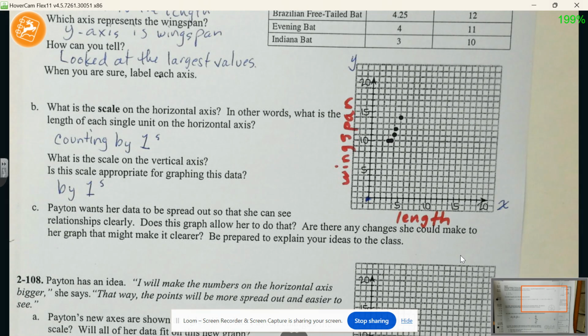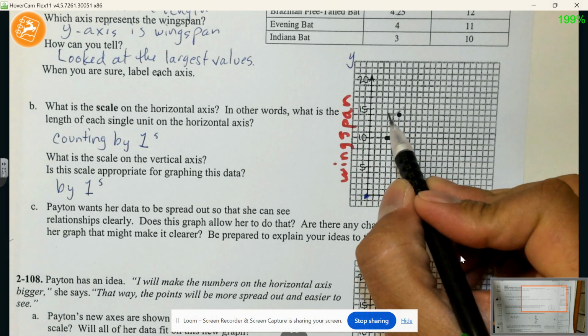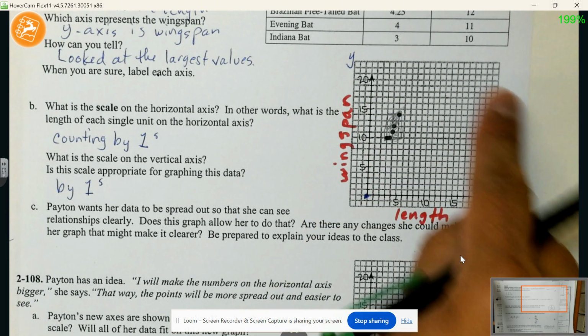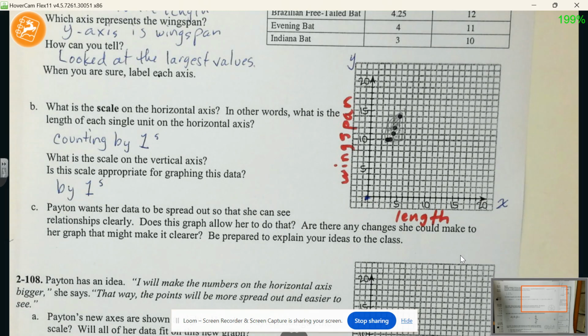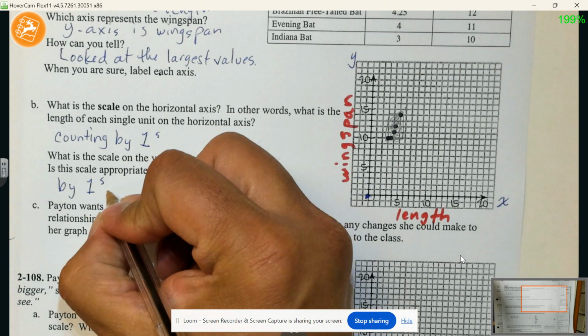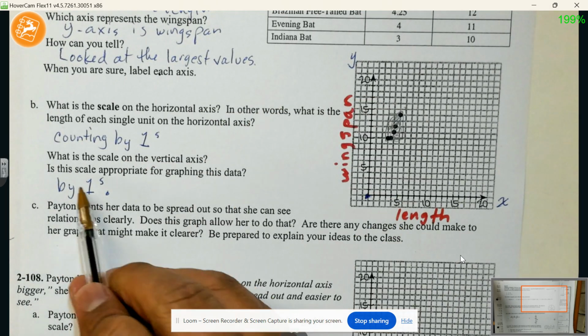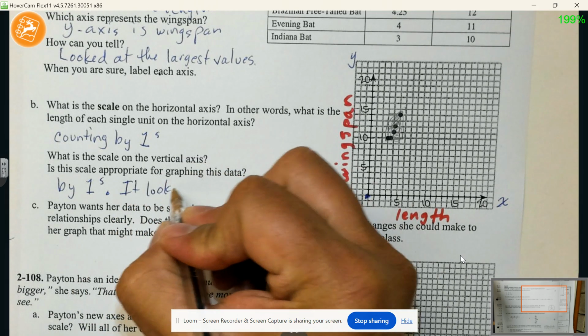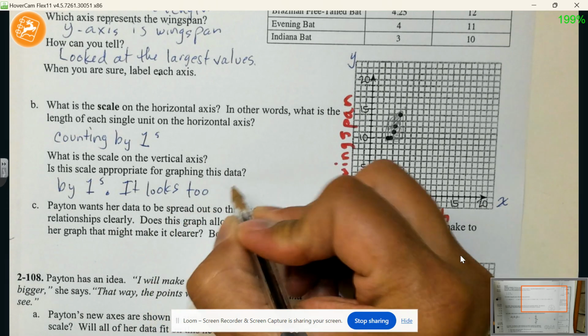Out of this whole entire graph, all we're using is this tiny little bit right here. So does that seem appropriate, or is it kind of wasteful? It seems kind of wasteful in this sense. So is the scale appropriate? It looks a little bit too squished.